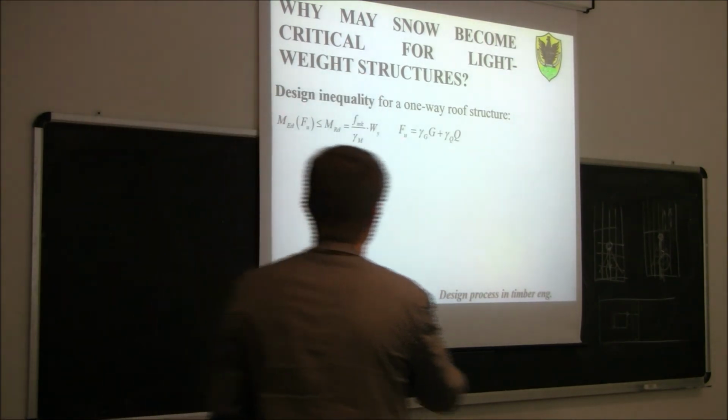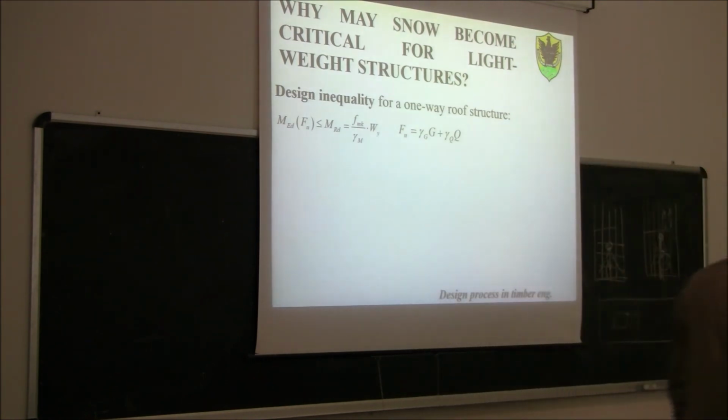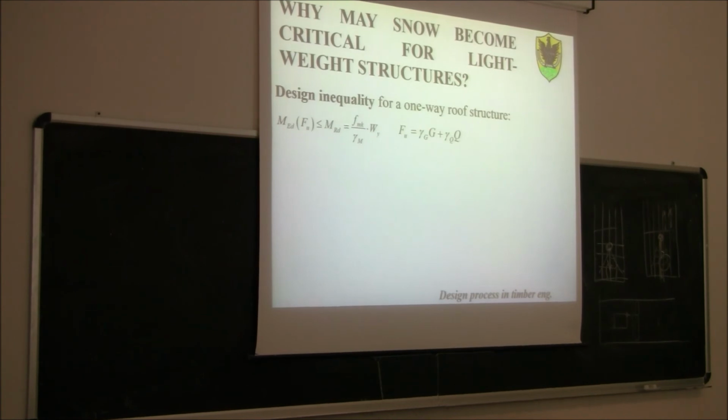Now, at ultimate state, the load condition is the self-weight, permanent load, times the partial factor gamma G, plus the variable load, so the snow load, times the partial factor gamma Q. Okay? These factors, gamma G, if you remember, is 1.3 according to the Italian regulation, 1.35 according to the Eurocode.